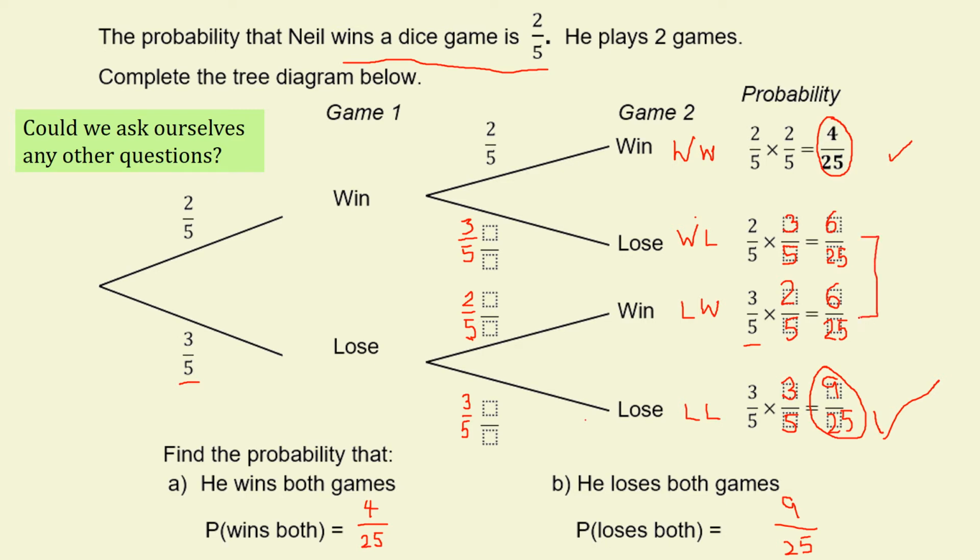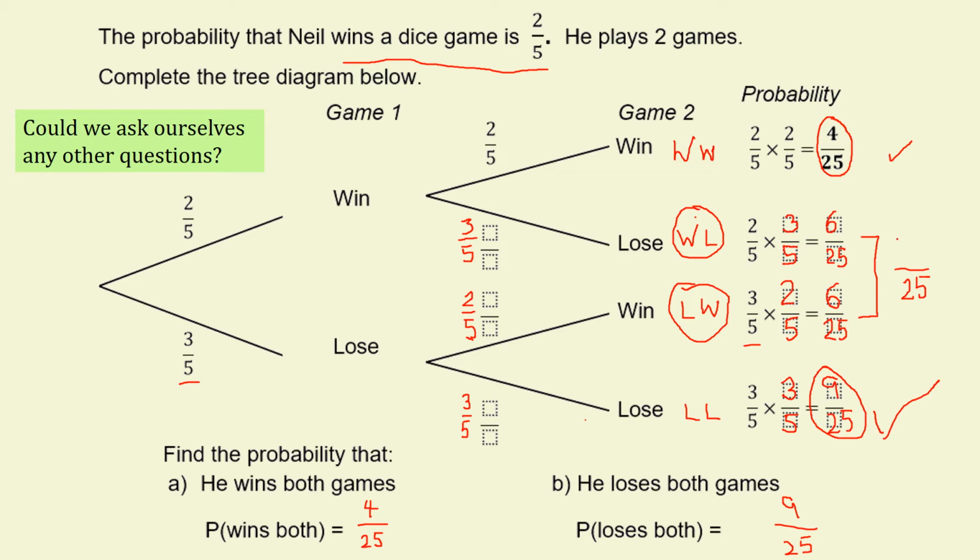We could have either won and then lost, or lost and then won. Both of them have probability 6/25. So 6/25 times you'll win the first and lose the second, and 6/25 times you'll lose the first and win the second. How many out of 25 have you won one and lost one?